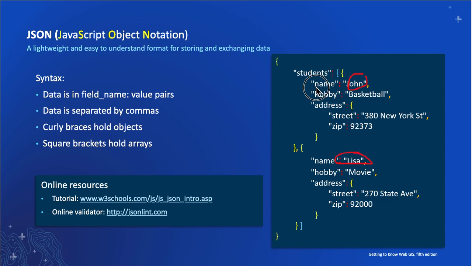So again, this is our name field, and John is our name value. And we also have a hobby field and a hobby value. And we have an address field and an address value. So this is the syntax when you use JSON.